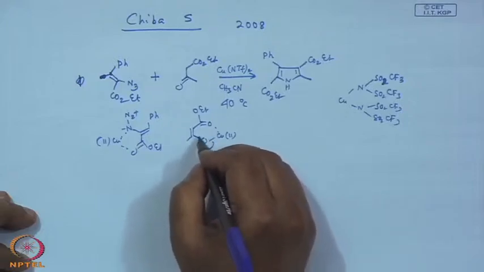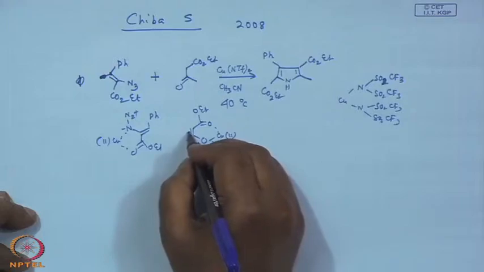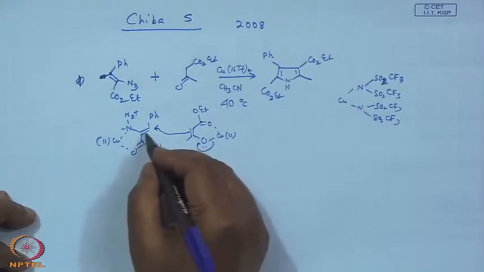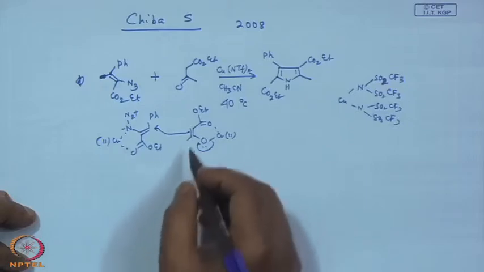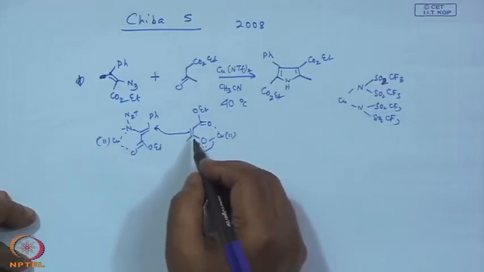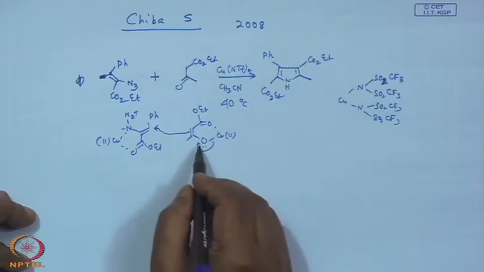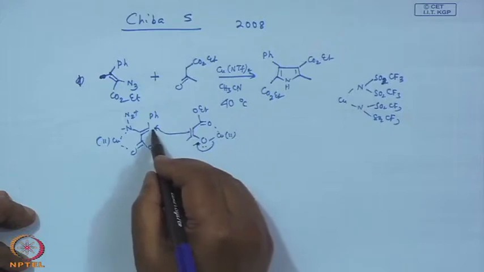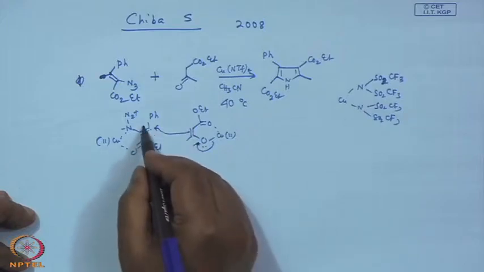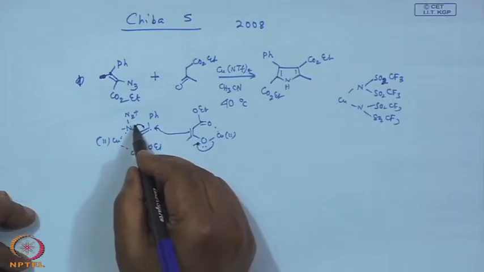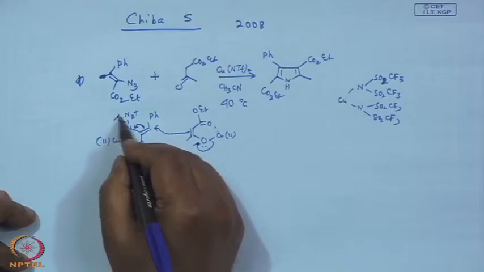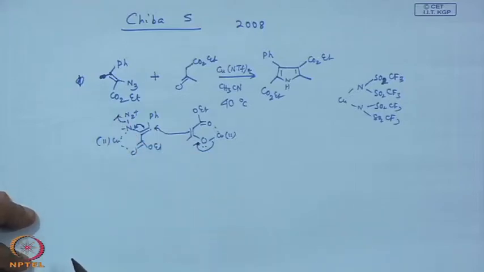So, it goes via this electron movement as if it is undergoing a kind of Michael addition. You see here an alpha beta unsaturated ester, right, and beta keto esters form a nucleophilic center at the middle carbon. It undergoes Michael addition. So, it forms this anion here, but then the anion goes to expel this nitrogen.